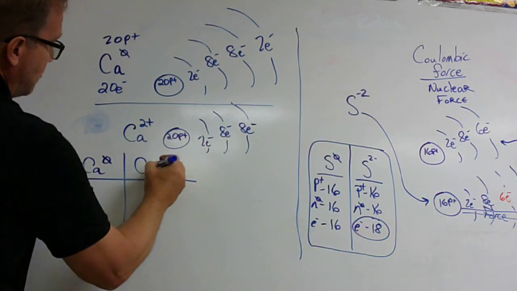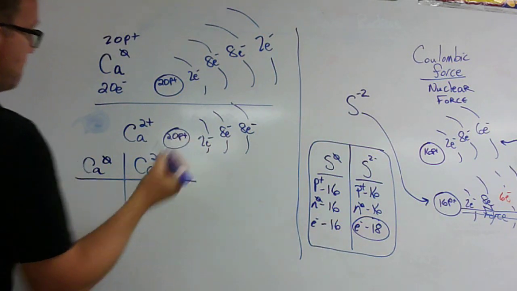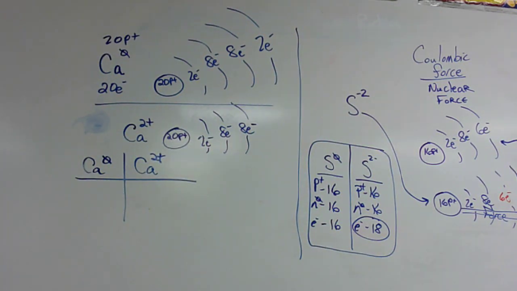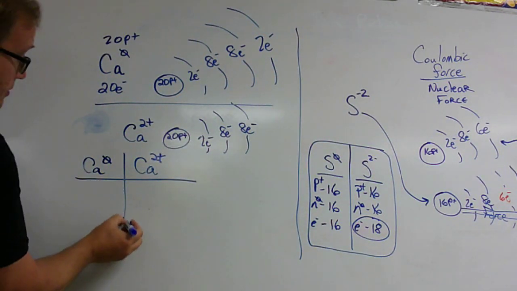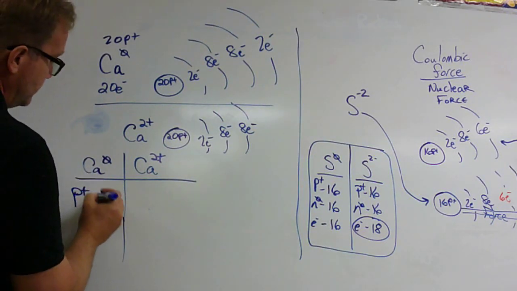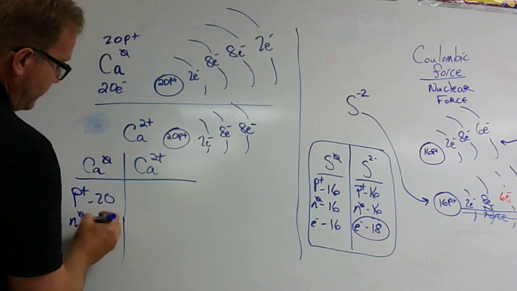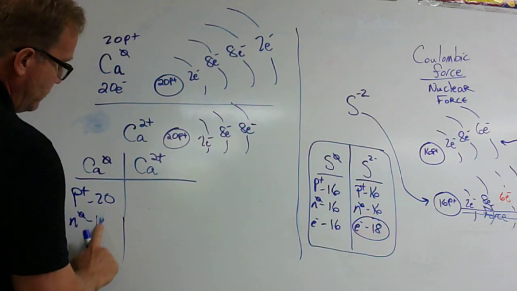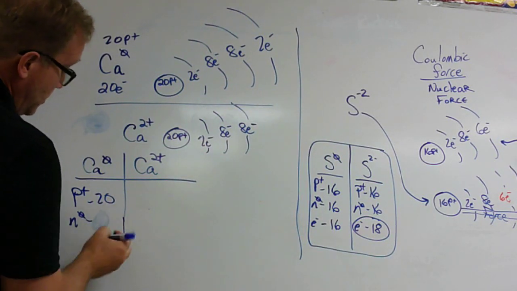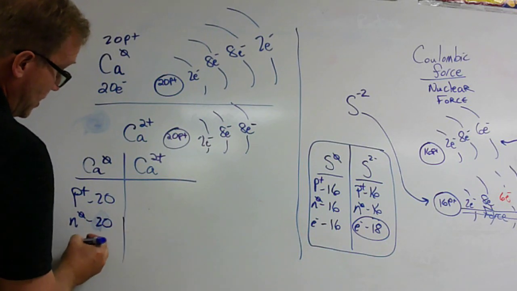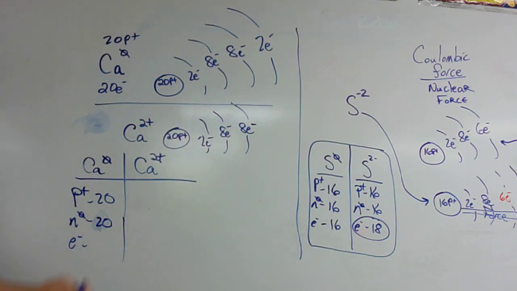So you got this. I'm going to do the same thing here versus that. And we have 20 protons, mass of 40, so it's going to be 40 minus 20, which is 20, and then my electrons are going to be 20. Let's go with my protons here.